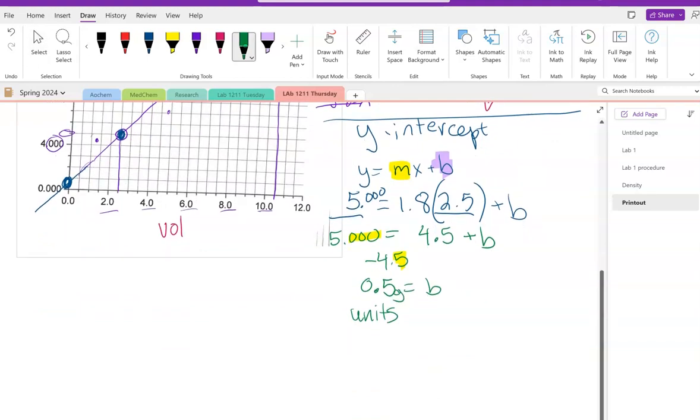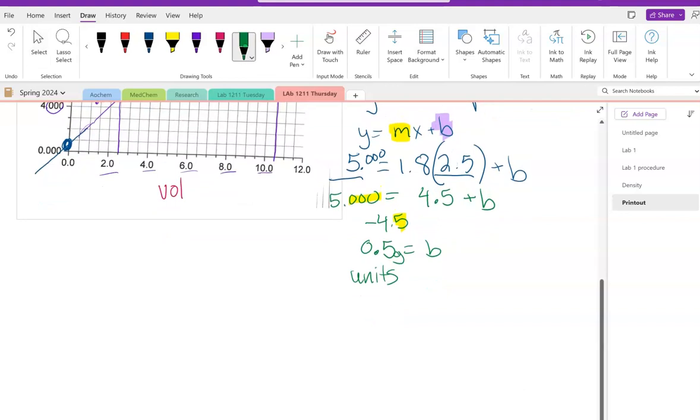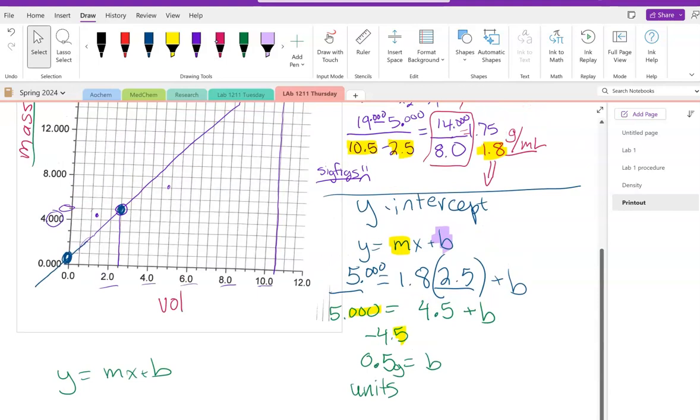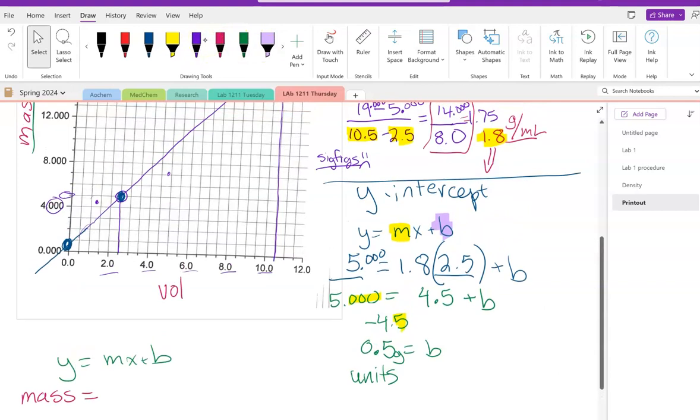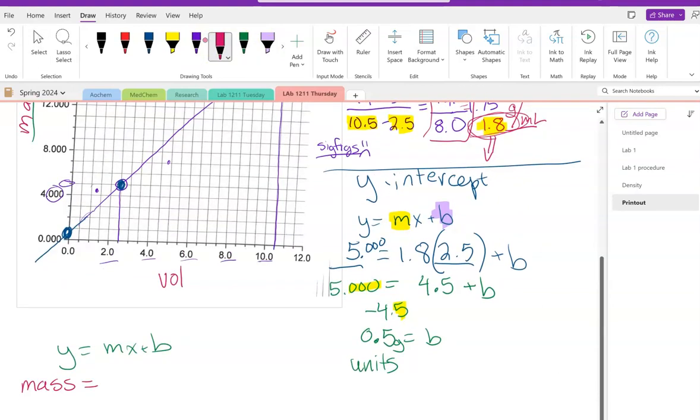All right, and now we can put it all together. Your line equation is y equals mx plus b, but we're not going to leave any x's and y's and m's and b's. We're going to fill everything in with the correct units. So y, look on your y-axis, mass, equals m, which we calculated over here, 1.8 grams per milliliter.